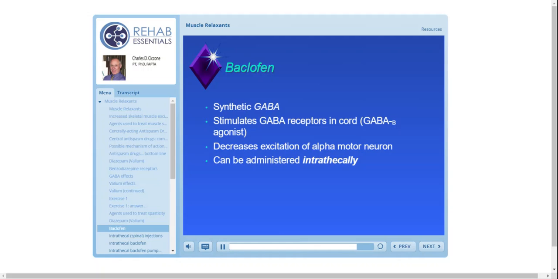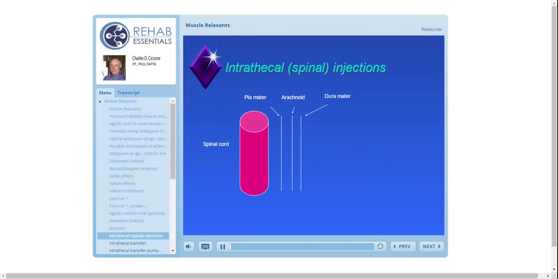So we're seeing a situation here where it would be really nice if we could give the drug more directly to the area outside the spinal cord rather than send it throughout the entire body via the systemic circulation. And that led to the development of what we call now intrathecal.